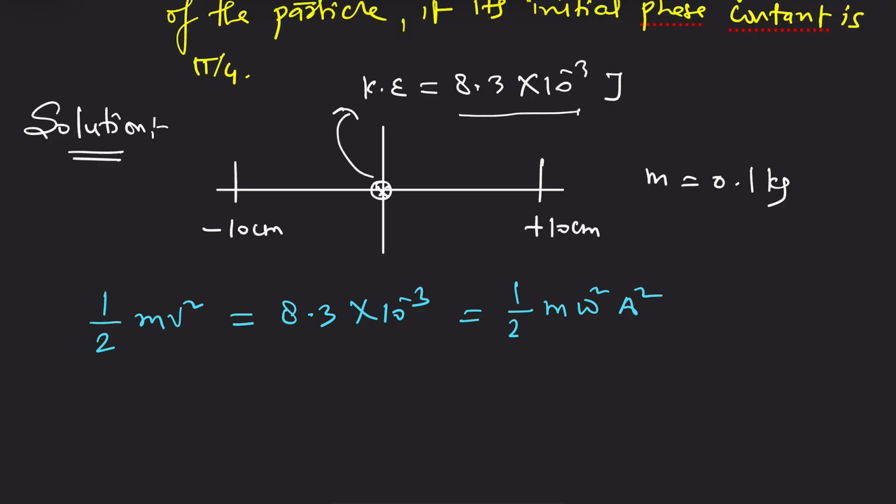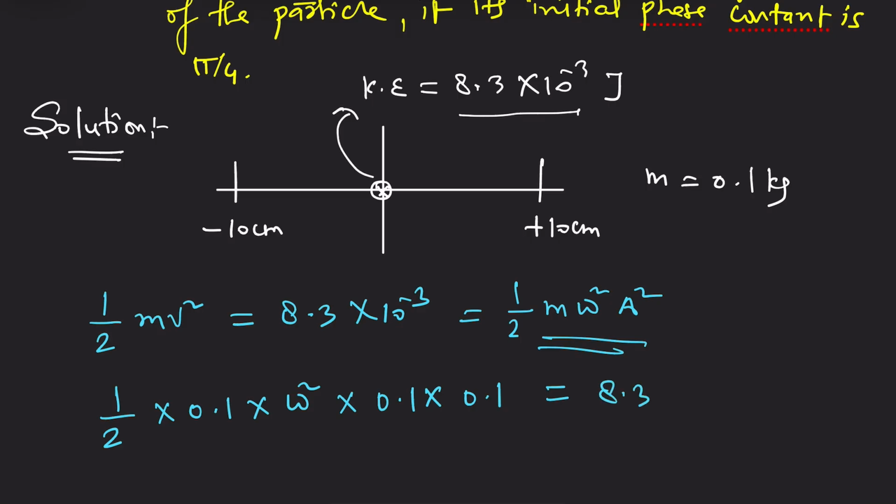So half m is 0.1, omega, A is given as 10 centimeters, so 10 into 10 to power minus 2, that is 0.1. So 0.1 into 0.1 is equal to 8.3 into 10 to power minus 3.